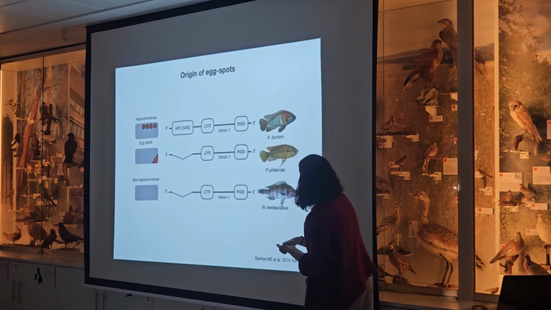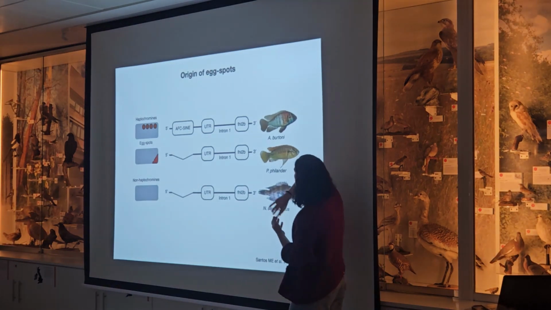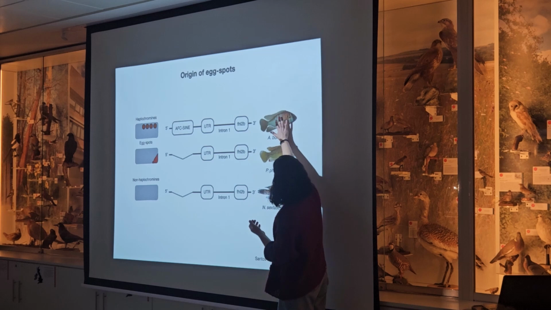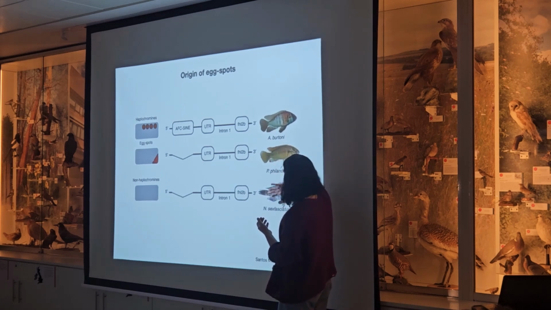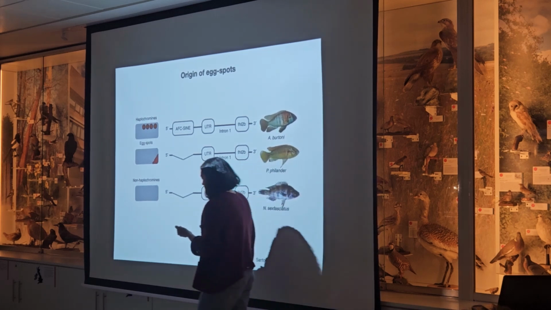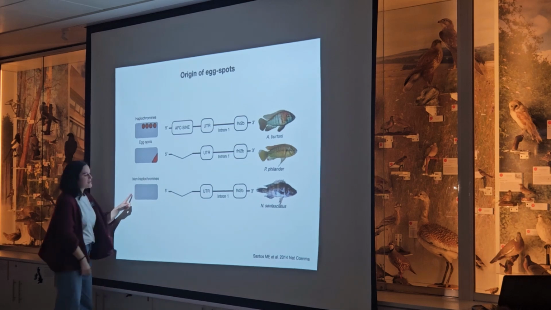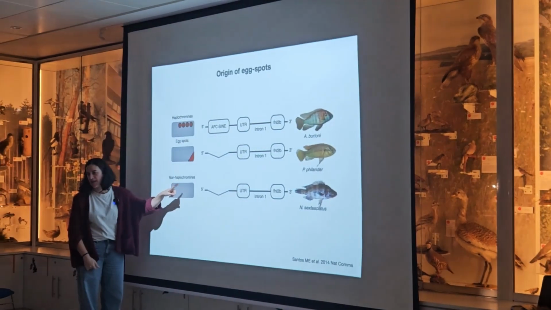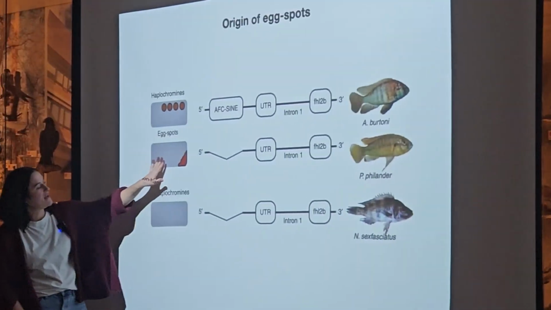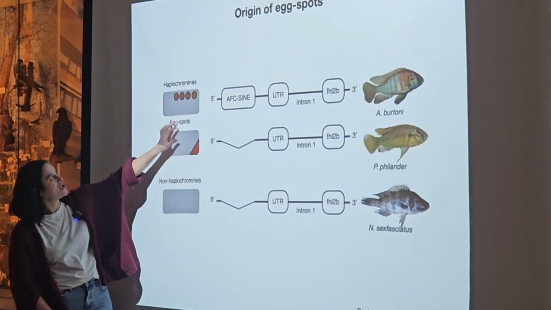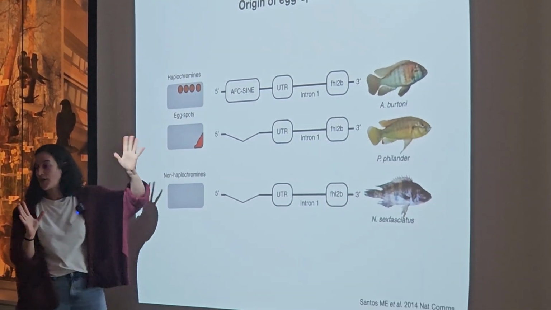And so what we've done was to compare the genomes of species that have egg spots with species that don't have egg spots. So in these little schemes here, you can see that the species, in fact, doesn't have much pigmentation on their anal fin. Then you have some species that have sort of this blotch, and species that have the actual egg spots.